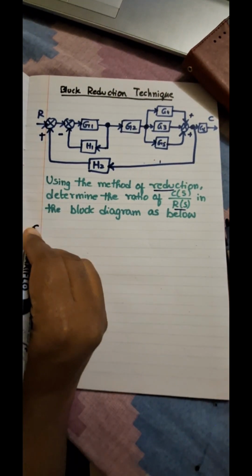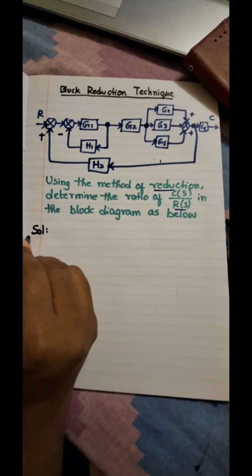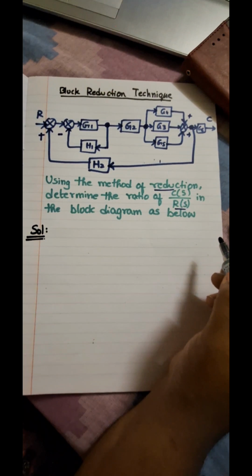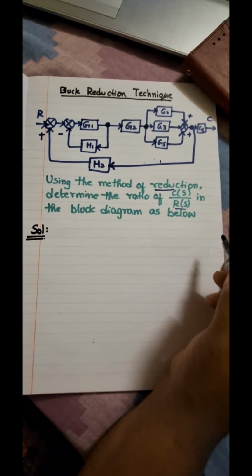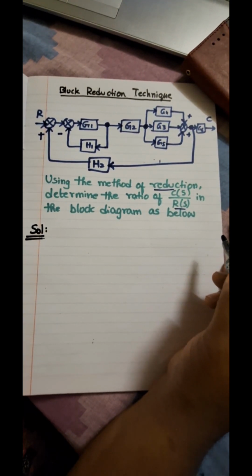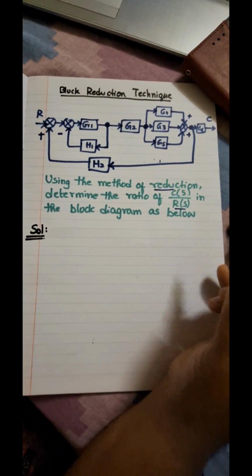Okay. So now what is the solution? We have certain techniques for block reduction, like 14 to 15 rules. Now let us concentrate on what is required for us. Let's not focus on everything, just use what is needed for our problem.